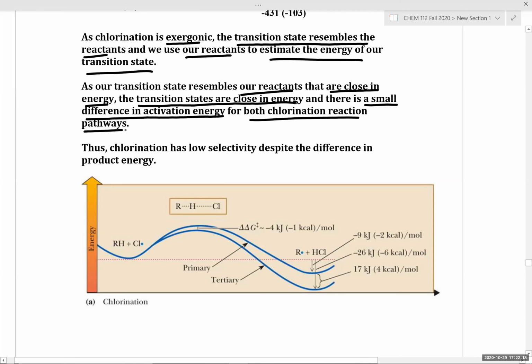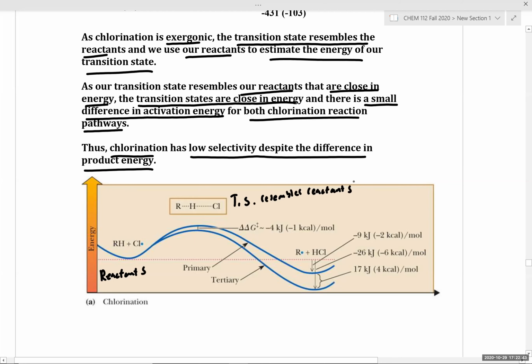And because there's a small difference between these two pathways, chlorination has relatively low selectivity despite the difference in product energies. So we have our reactants, and our transition state resembles our reactants.